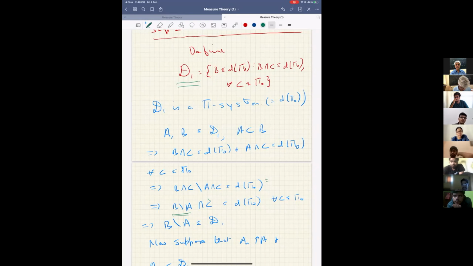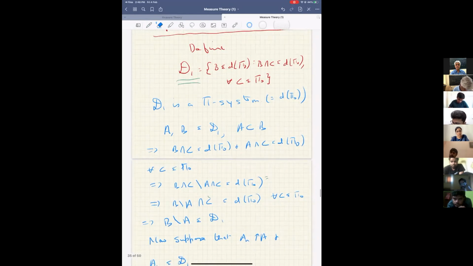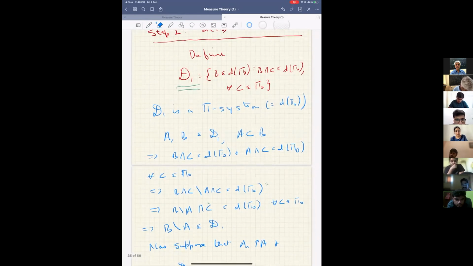Okay, so we've got this B minus A is in D1. What are the other criteria that we need for D1 to be a pi system? No, increasing sequence. Increasing sequence you need to show. So for pi system, intersection. No. For D system, increasing. D system.